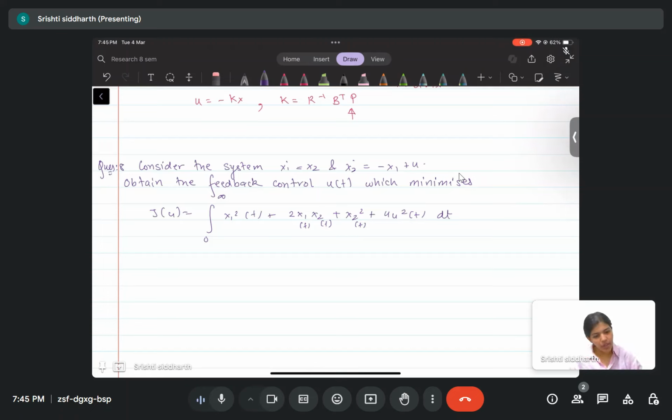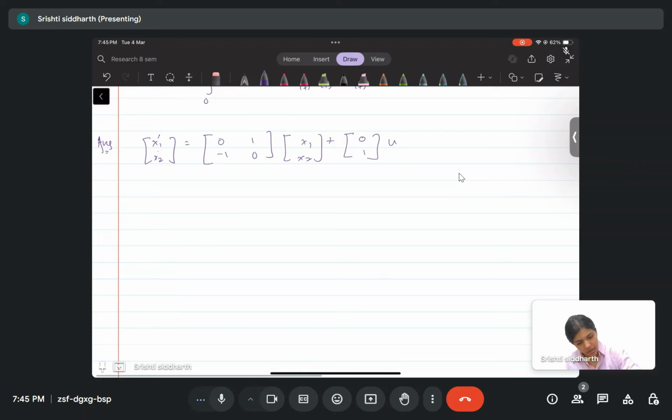Okay, so we can just simply write the state space form. This is 0, 1, minus 1, 0, times x1, x2 plus 0, 1, times u. And in this case, y, so we can actually choose this.